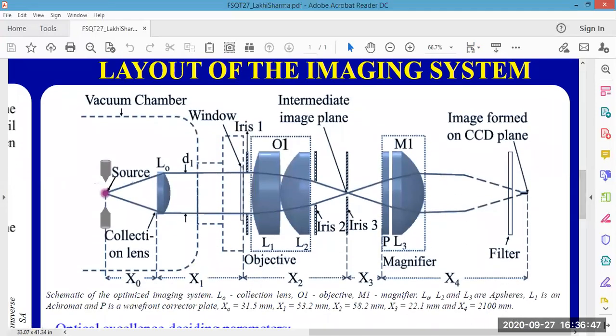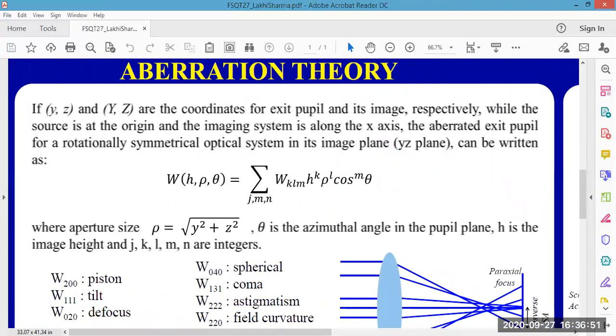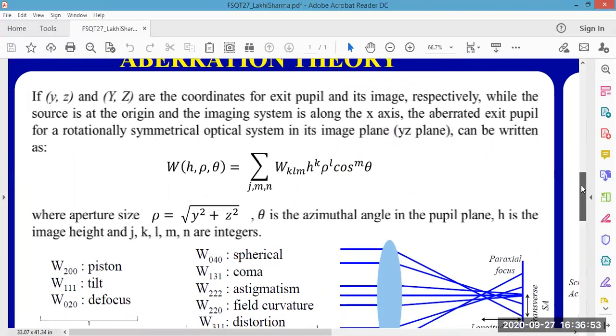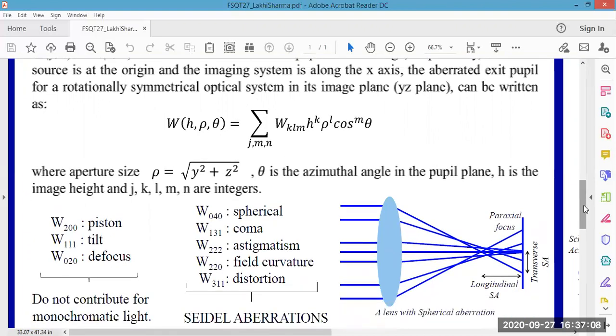So the idea is to correct the aberration so that a very good image quality is formed. These aberrations mainly arise due to deviation of the wavefront while it passes through different media. That aberrated wavefront can be represented by this equation, which is a function of height, aperture size, and angle. If this equation is expanded, we get different aberration coefficients related to both chromatic and monochromatic aberrations.